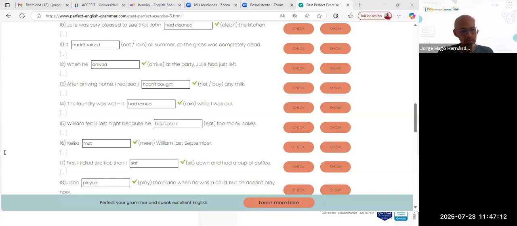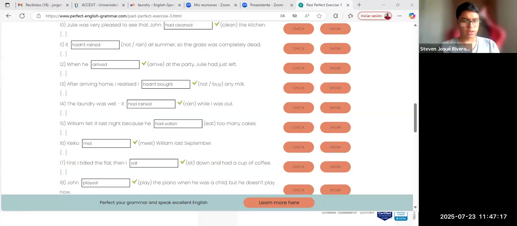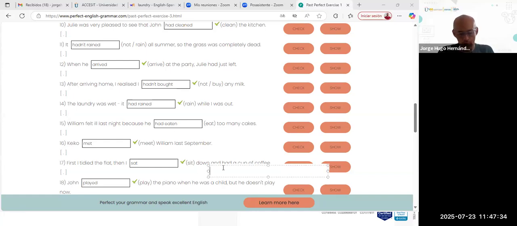Okay, let's continue, Steven. Number 18. John played the piano when he was a child, but he doesn't play now. Okay. Pay attention to the pronunciation. When I say child, singular, and children, plural, the pronunciation is very different.